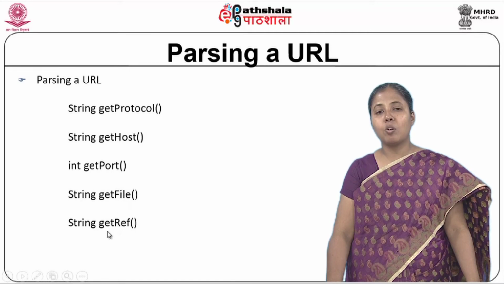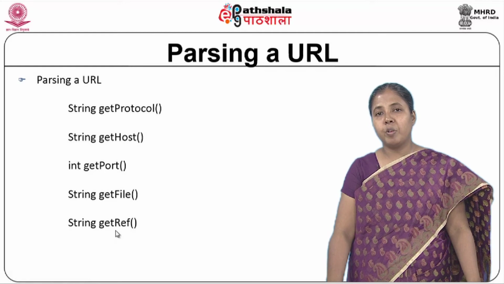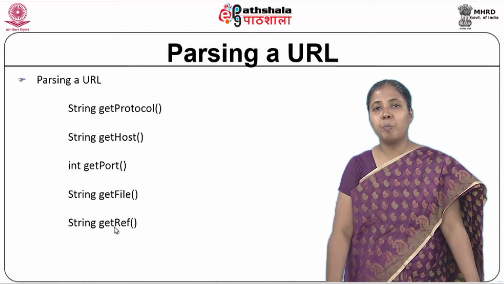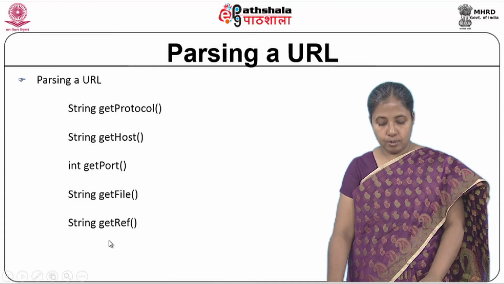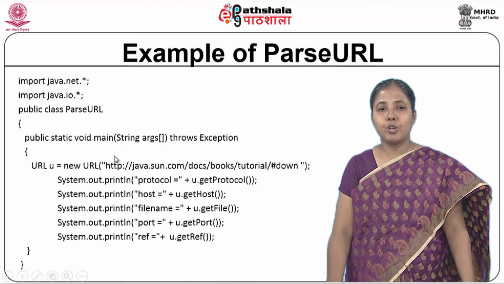If there is a reference, that is normally specified with the hash symbol, that can also be retrieved using getRef. So, the entire URL is a single string specification from which you can parse every part using these available methods. This is a simple example of how you parse a URL.